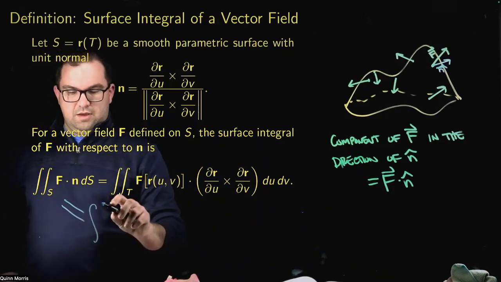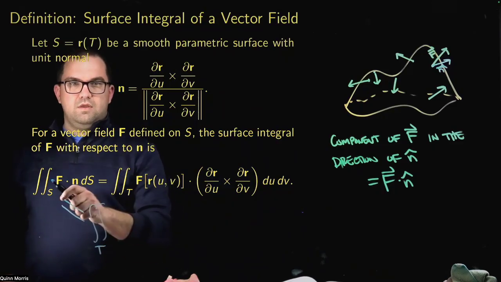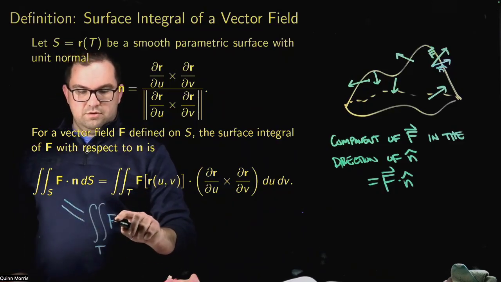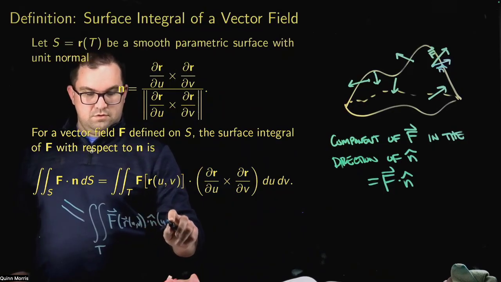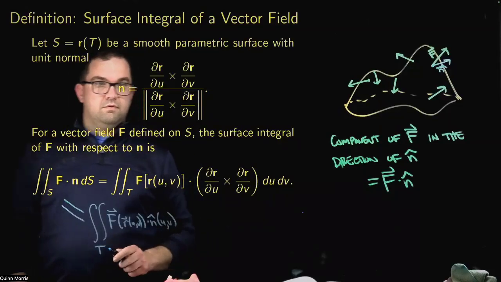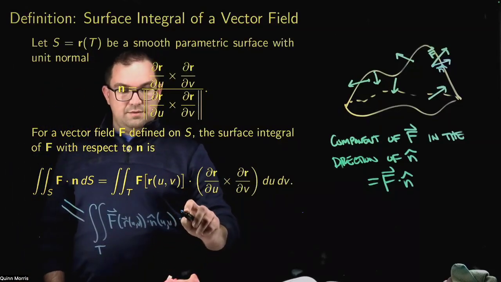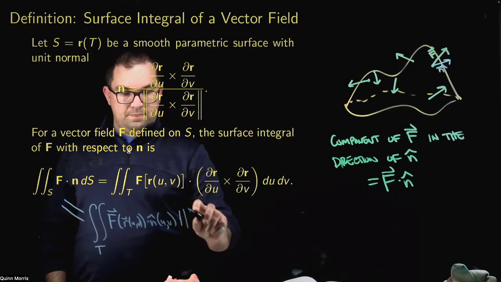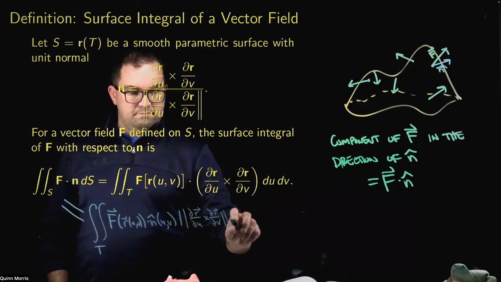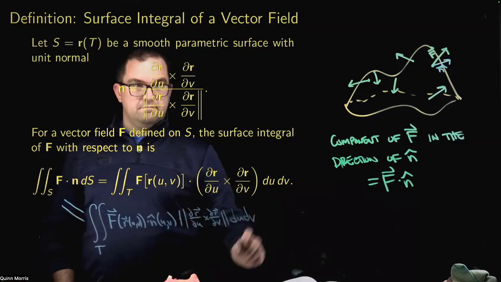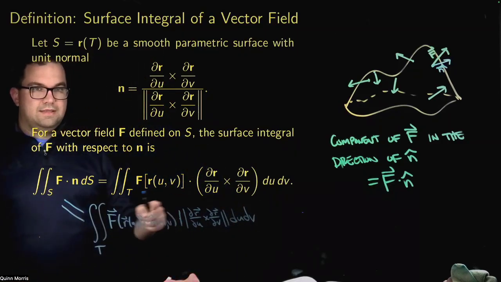I would say this is a double integral over t of my scalar function evaluated on my surface, times the norm of the fundamental vector product. Now again, notice that doesn't quite look like this yet.